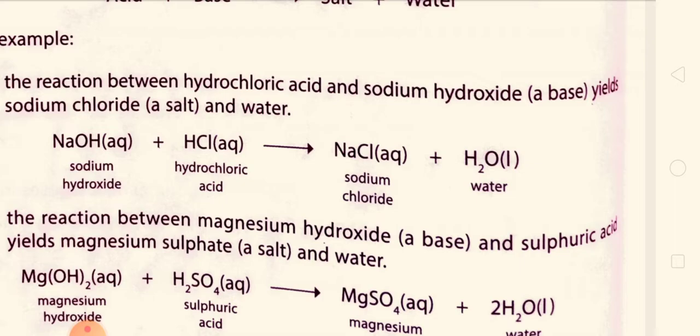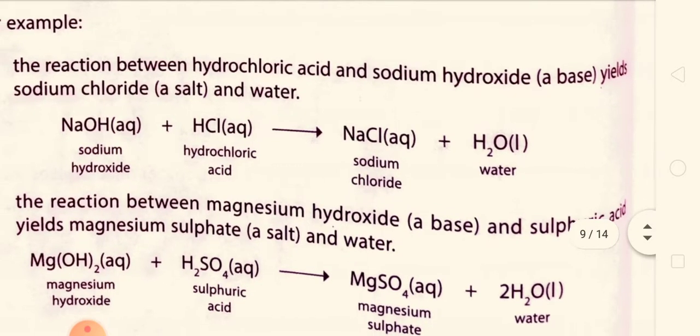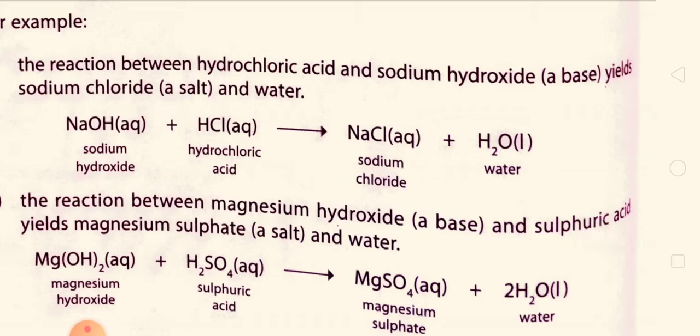The reaction between hydrochloric acid, HCl, this is the acid, and sodium hydroxide, this is a base. Sodium hydroxide is a strong base and HCl is also a strong acid. So there is a reaction between sodium hydroxide, the base, and hydrochloric acid, the acid, and what is formed? Sodium chloride, that is common salt, and water.